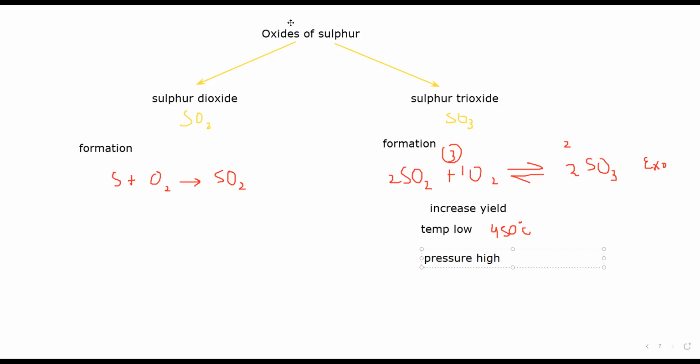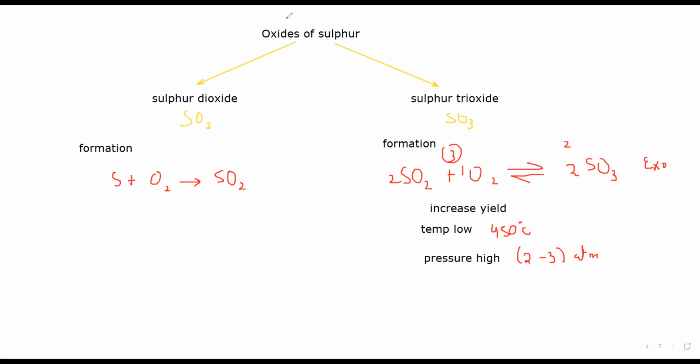We do not use too high a pressure here, because that increases the cost. To create pressure you have to use fuel or a mechanical system, which increases the cost of formation. So we use around 2 to 3 atmospheric pressure.